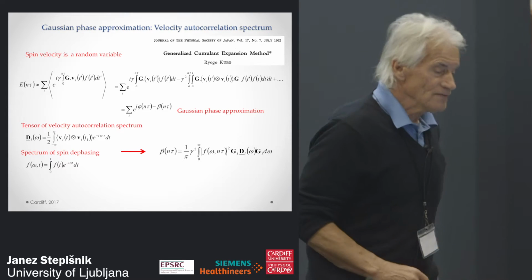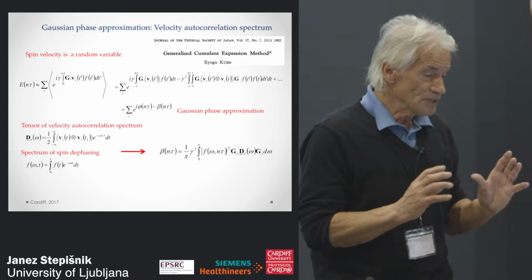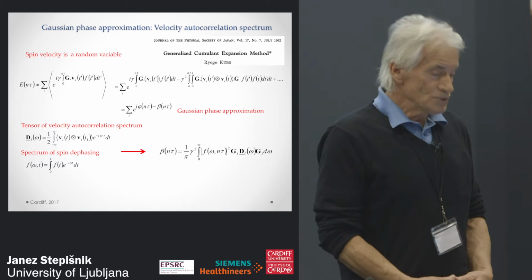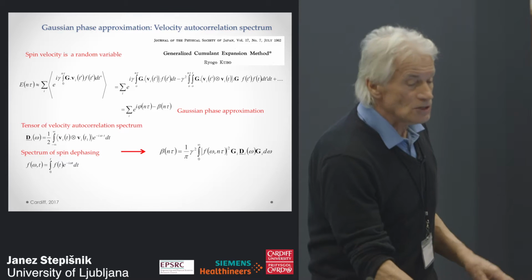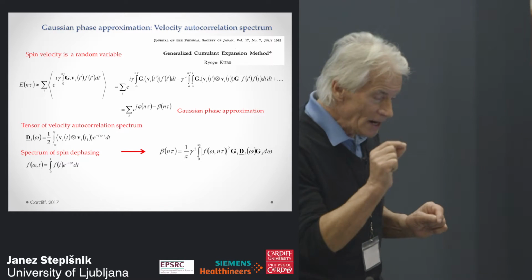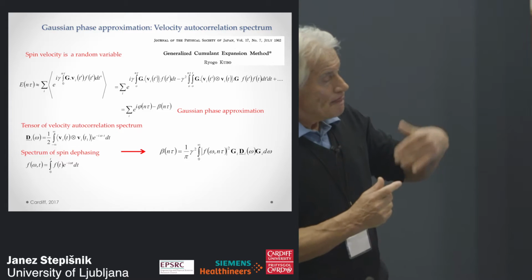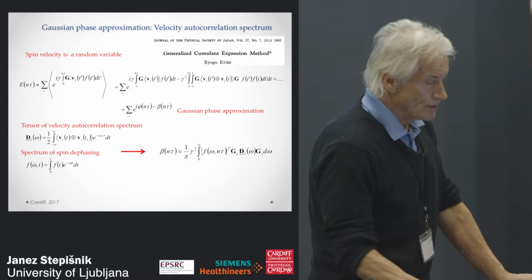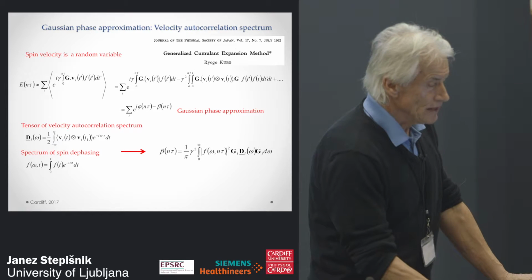And if you're satisfied with the Gaussian phase approximation, it has been done, and some people say it's not enough to expand just to two terms. More terms should be taken into account, but as long as the displacement of particles is shorter than the phase grating created by the gradient, this approximation works perfectly. You have just two terms. One term is the change of the phase of the signal, the second term is the attenuation.